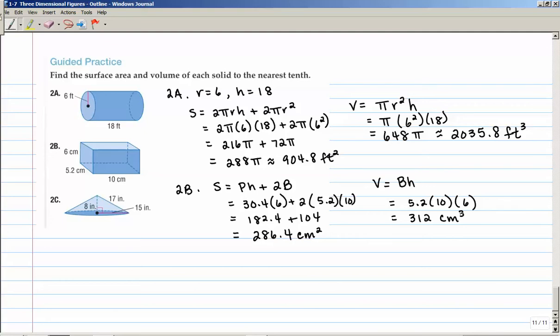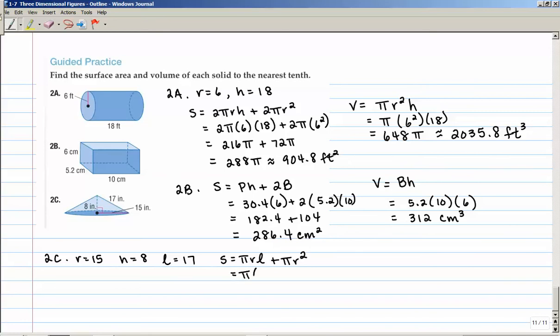cubed. Okay, and 2c, this is a cone, and let's go ahead and identify what we have here. 15 refers to the radius, 8 is the height, and 17, that's my slant height, which I use the letter L for. So the surface area of a cone is pi r L plus pi r squared.